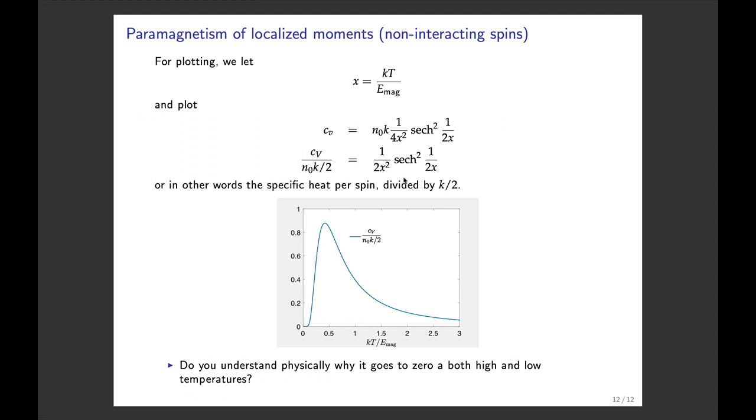Boltzmann constant divided by 2. Because usually we expect, for example, an ideal gas, a system with 1 degree of freedom, classically, we would expect that in classical thermodynamics to be something like k_B over 2, or 1 in these units.